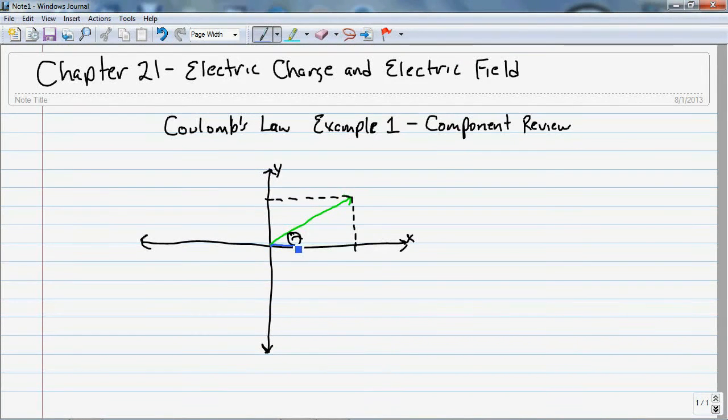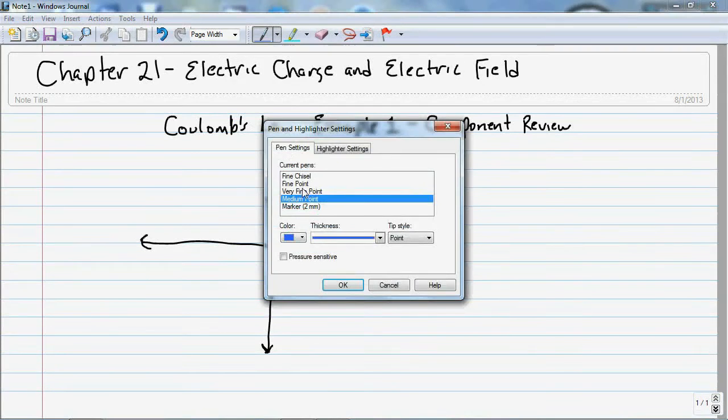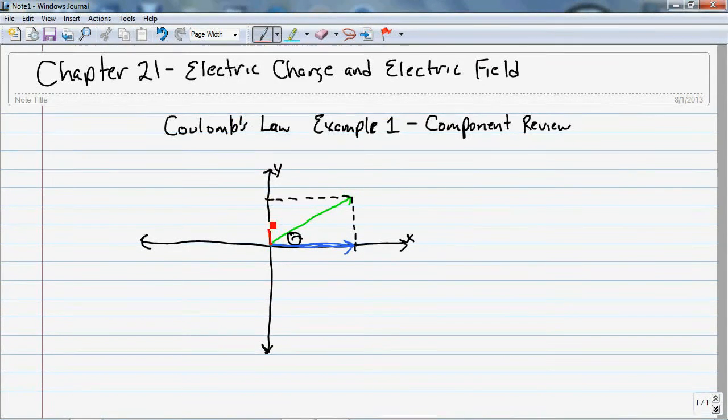I'm going to have this blue vector along the x-axis, and I'm going to have a red vector along the y-axis.